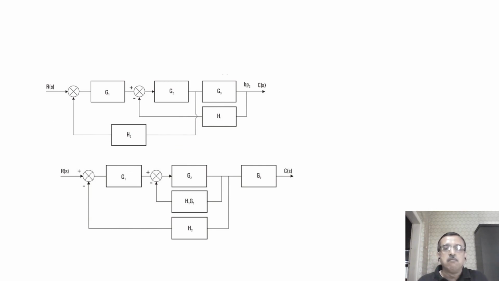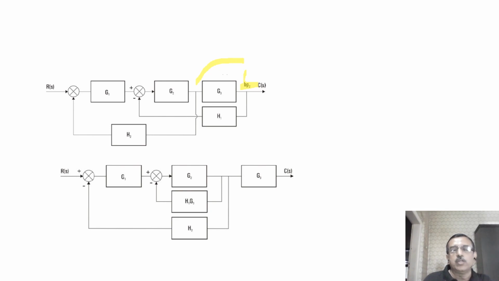Here I have copied the earlier figure, since I have made a lot of drawings there. Here see this branching point BP2. What did we decide? We decided that we will shift the branching point to the left of G3.